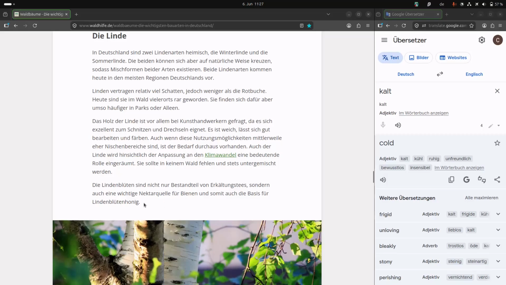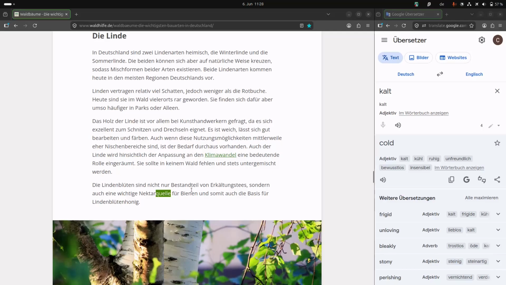Sondern, but, also, auch, also, eine, a feminine form, wichtige, feminine form, important, Nektarquelle, because Quelle is of course feminine, so every single adjective that relates to the noun and every single noun is always, if it's a composed noun made up of two components, always defined by the last word, which is kind of composed on. So Quelle, die Quelle, eine wichtige Nektarquelle, so an important nectar source.